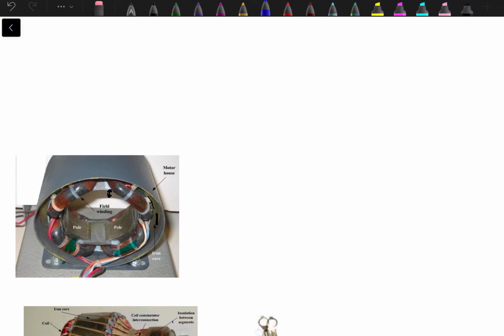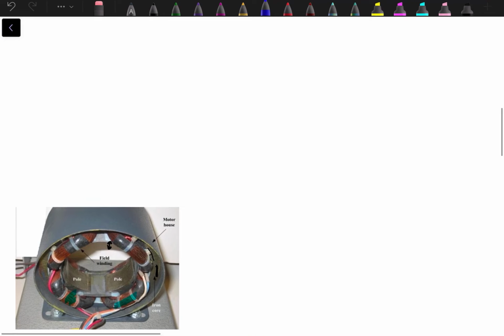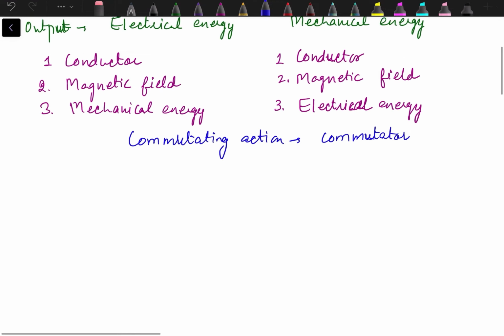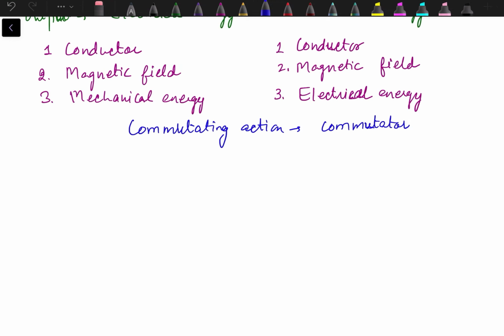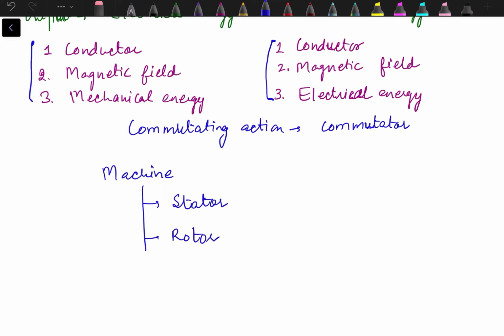Now, coming to the construction, how a DC motor looks like. Before moving on to this, what we have seen is that one thing should be rotating in a generator, and in case of a motor, because of these three things, we have a rotation. So a machine, whether it's a motor or generator, will have two parts. One is the stator, which is the stationary part, and the second part is the rotor, which is free to rotate.